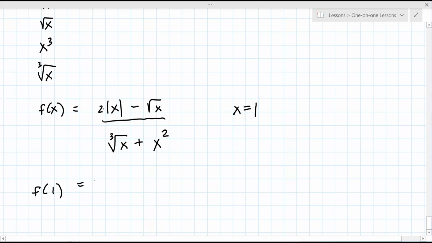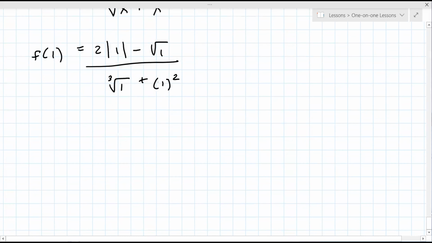Could you evaluate for x equals 1? Now most of these are 1, but this is kind of like, do you know all of your functions here?